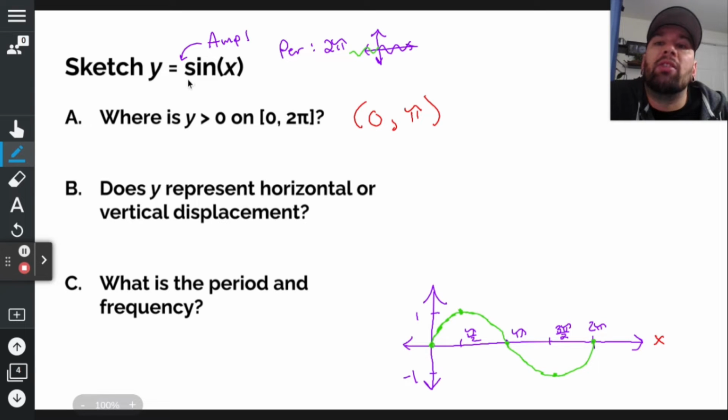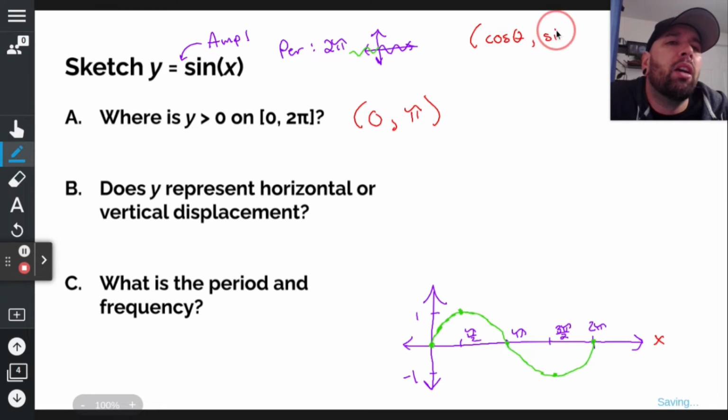Y is sine x, meaning that sine x, if you might remember, is given to you as cos theta, sine theta, like a regular point in trigonometry. It's kind of a bad job by me creating this problem, because I'm accidentally giving away the answer without trying to.